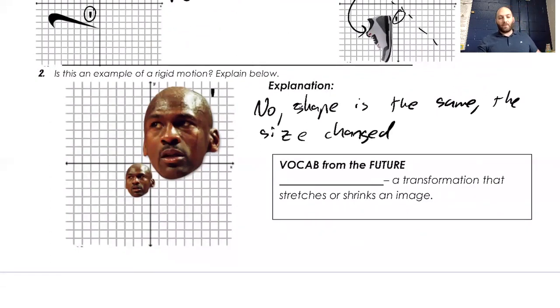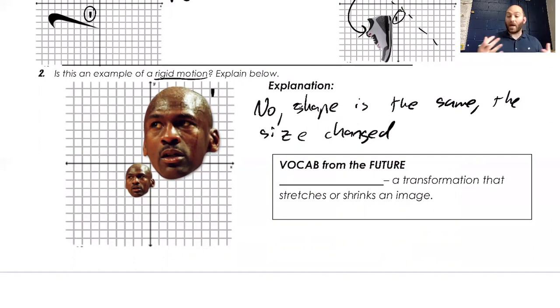When that happens, that is no longer a rigid motion. It has to be the same size and shape. So if we change the shape but not the size, not a rigid motion. If we change the size but not the shape, not a rigid motion. It's got to retain both.